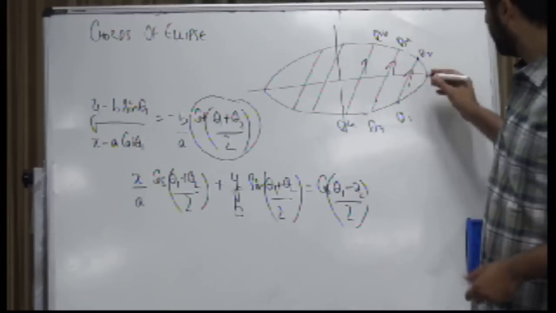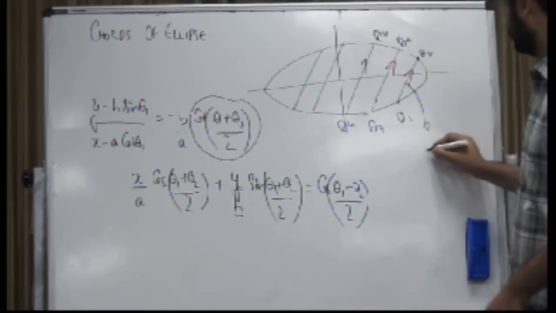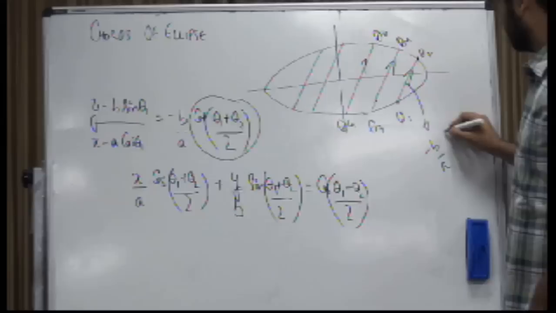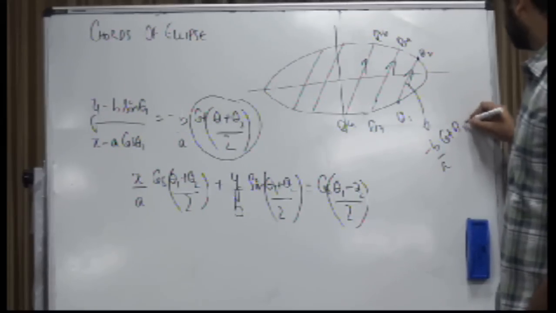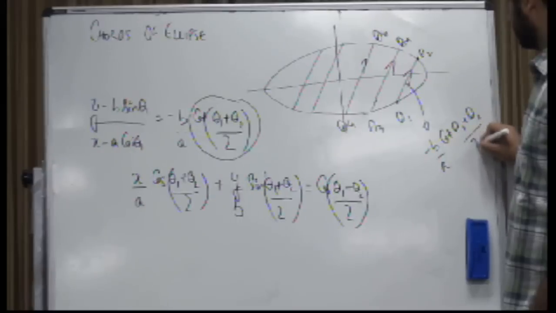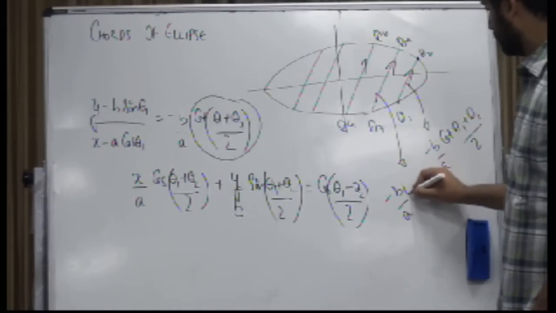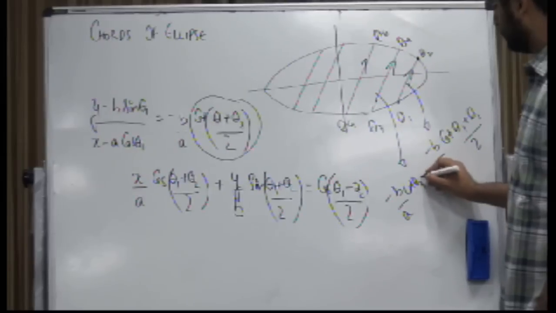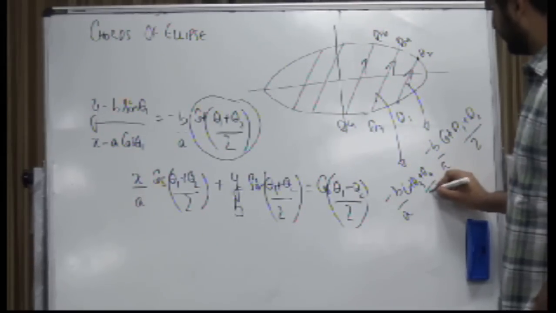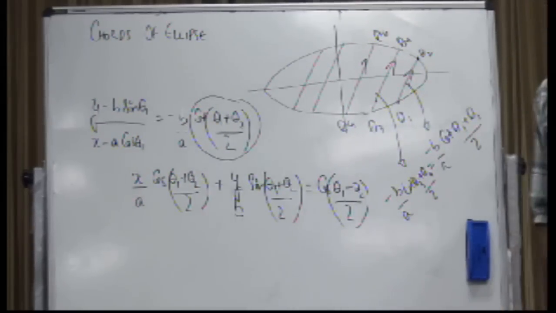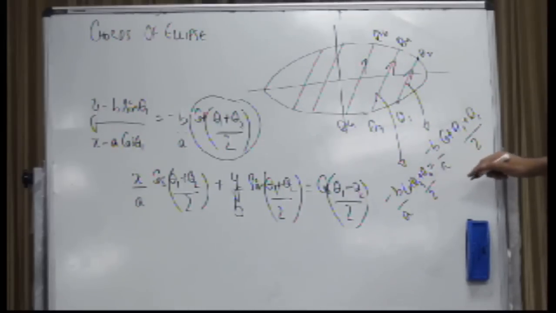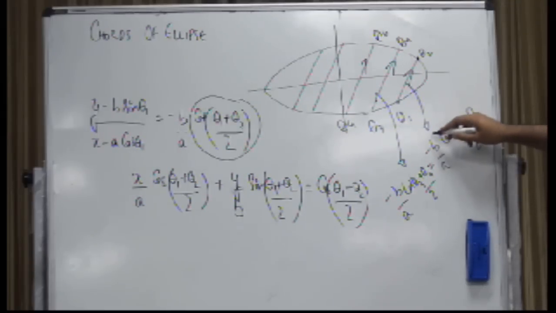So the slope of this line is equal to minus b upon a cot theta 1 plus theta 2 by 2. And the slope of this line is minus b upon a cot theta 3 plus theta 4 by 2. So these must be equal since the slopes are equal. So therefore, cancel these, right?